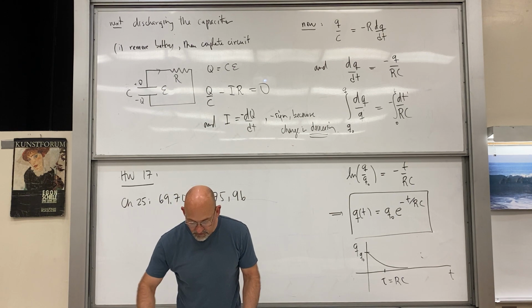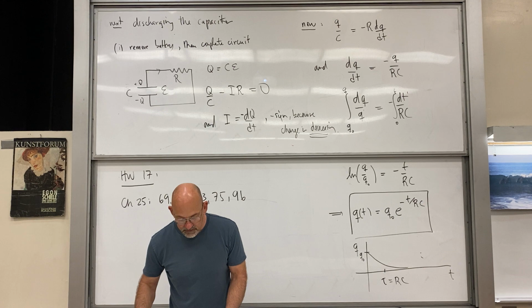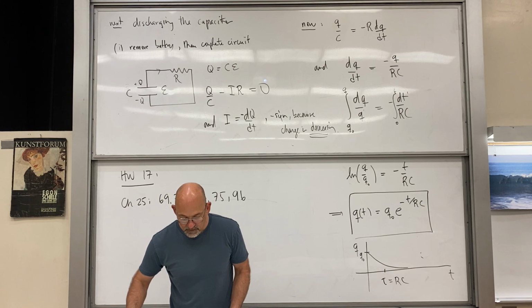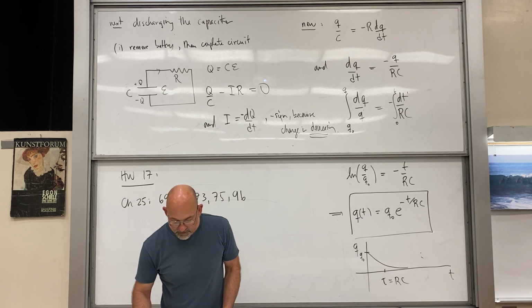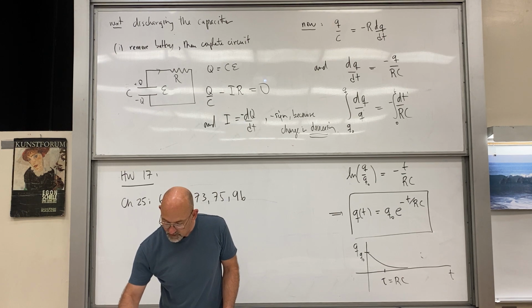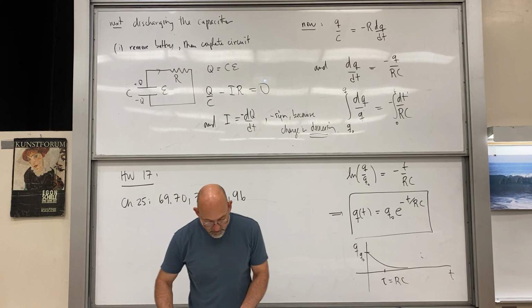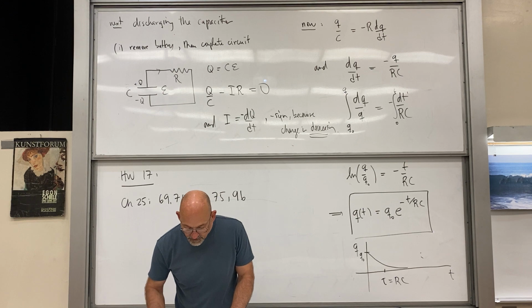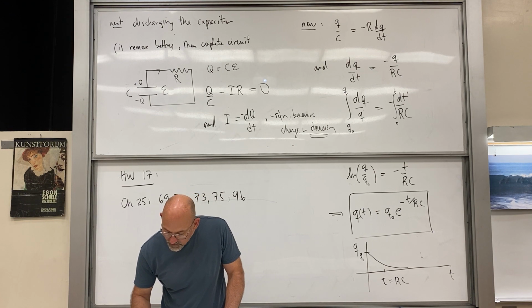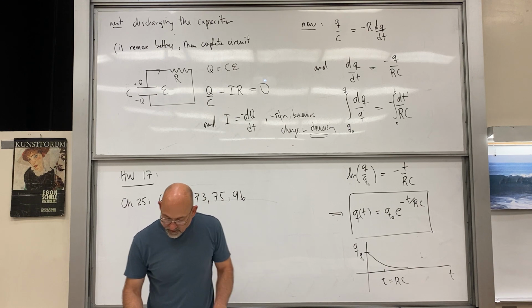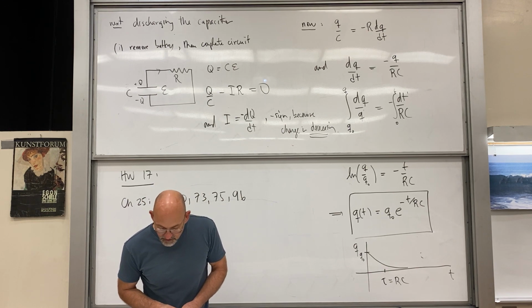Okay. So we're now looking at electric current and direct current circuits. What do we have here? 69. Okay.